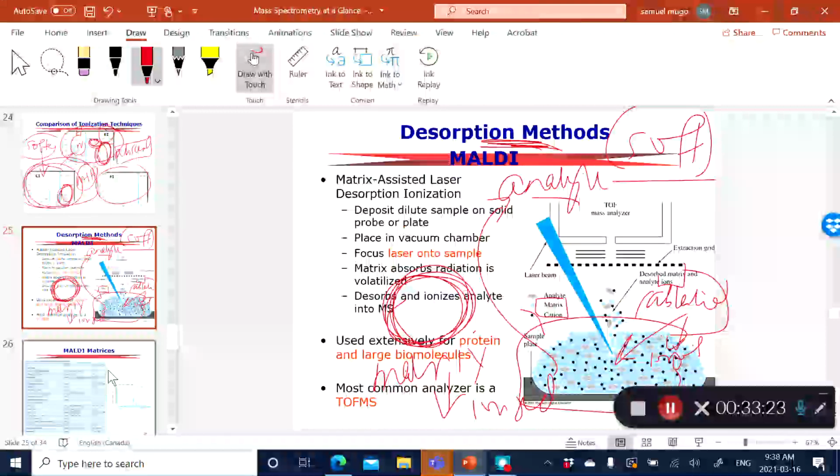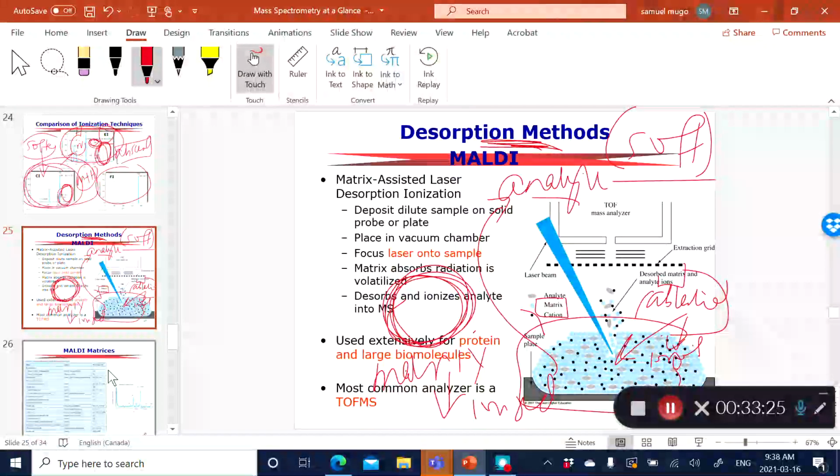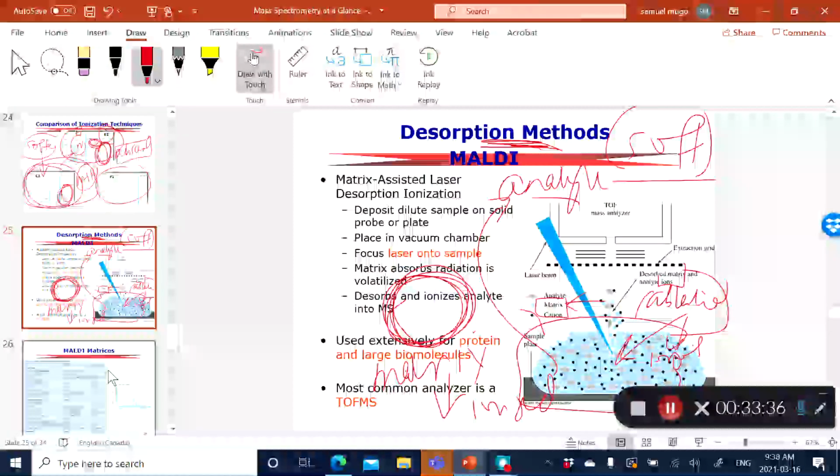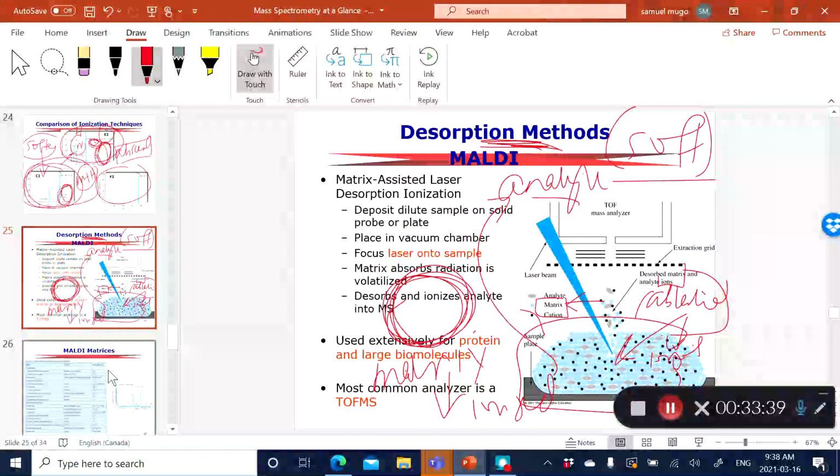The matrix gets ionized because it's added in a higher volume compared to the analyte, making it more likely that it will capture the energy from the laser beam and transfer it to the analyte. And now the analyte is accelerated to the mass analyzer.